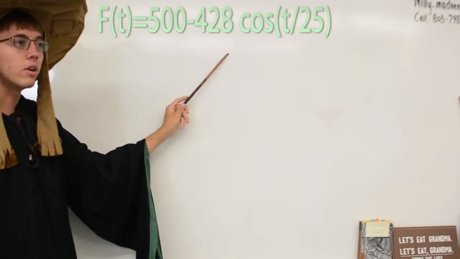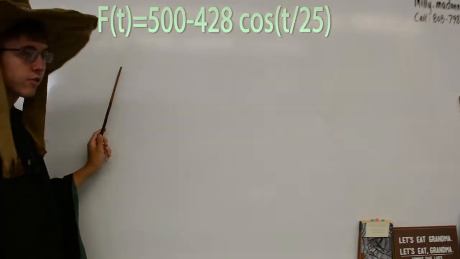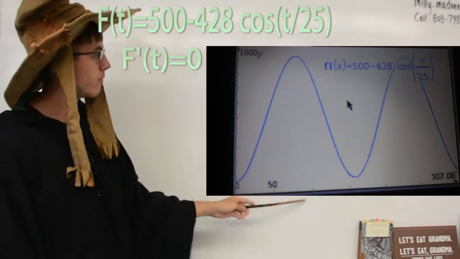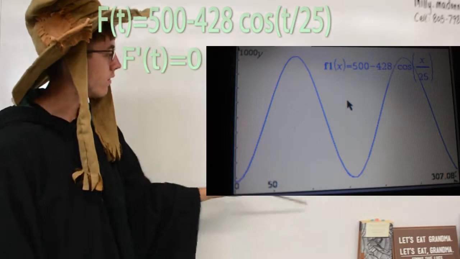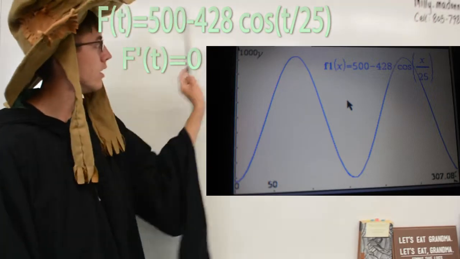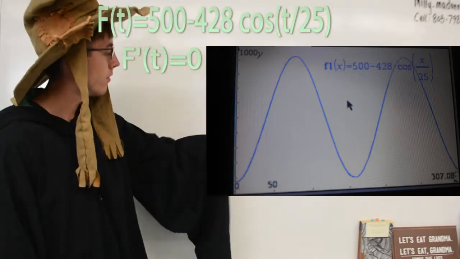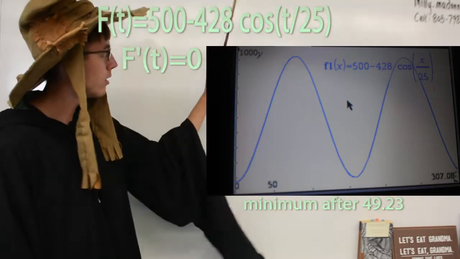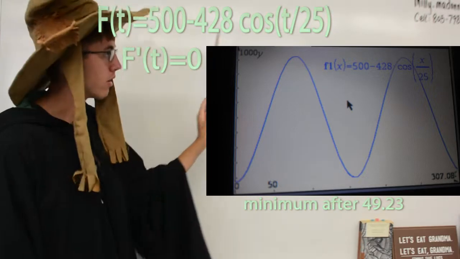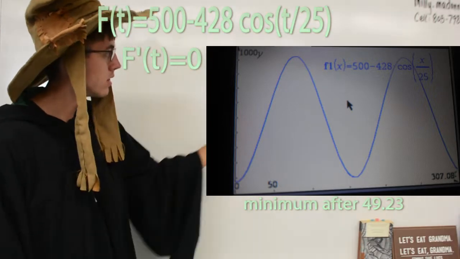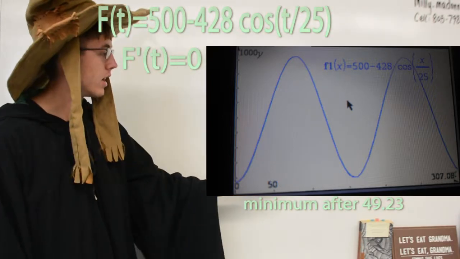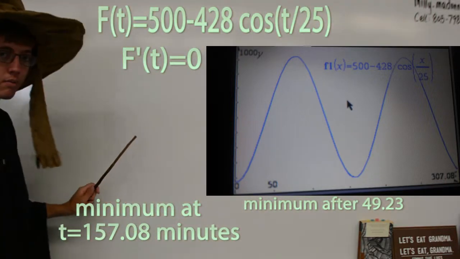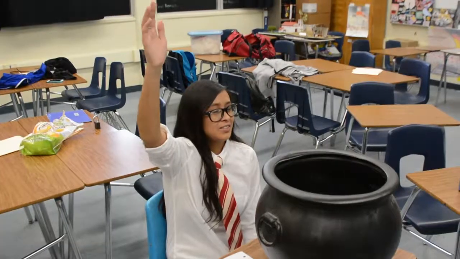Since we're looking for a minimum, we want to set our first derivative equal to 0. If we look at our graph, we can see that the first derivative is equal to 0 at these points down here and these points up here. We want a minimum, so that would be the ones down here. We're looking for the time after 49.23 minutes. So at our next minimum, we would set a lower bound and an upper bound and find that our minimum is at 157.08 minutes.